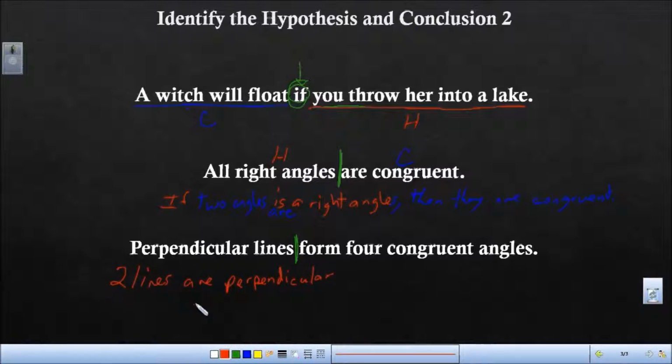That's your hypothesis. Your conclusion is that they form 4 congruent angles. So that's the idea. You want to split it up on the verb.